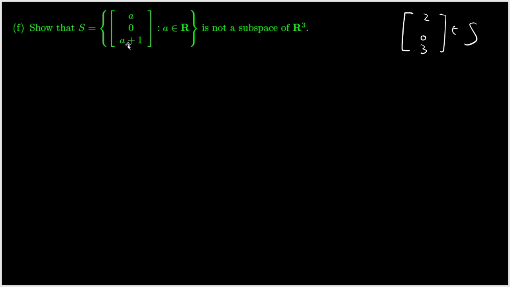The third component has to be one more than the first component, right? We want to show this one is not a subspace. Actually, in past years, I used to ask people to guess if it's a subspace or not. But now I'm going to simplify that. I will tell you it's not a subspace. You tell me why.